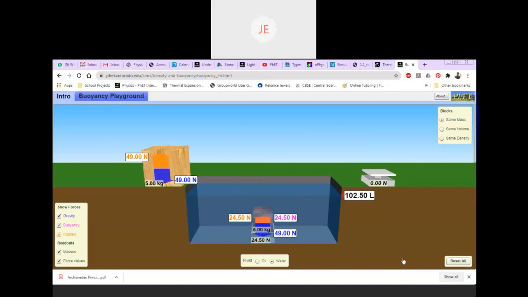Now you can see there is an upthrust force of 24.5 Newton and downwards 49 Newton. So upthrust force is less than the weight, so weight is dominating. That is why this kind of object will sink.